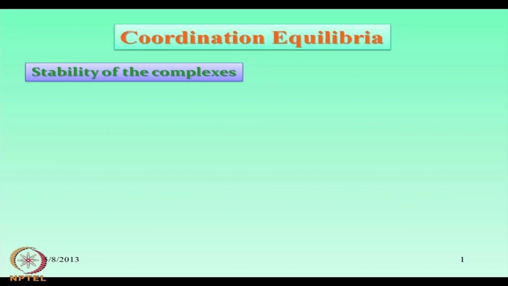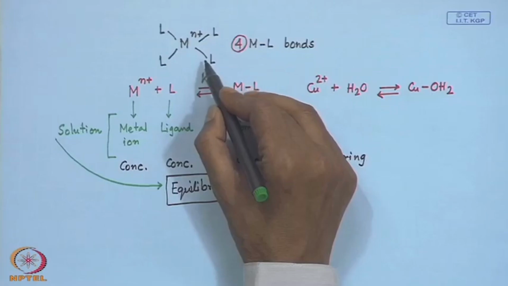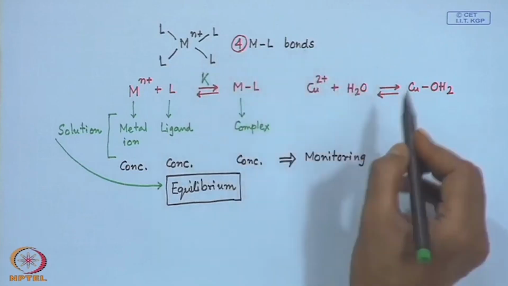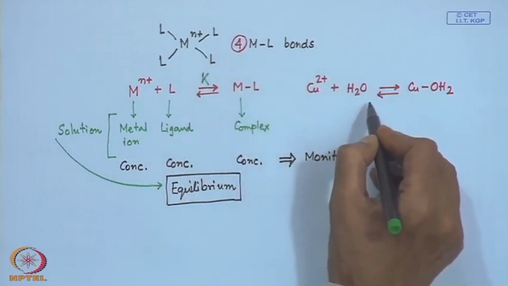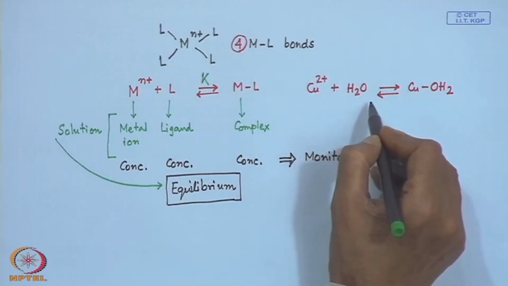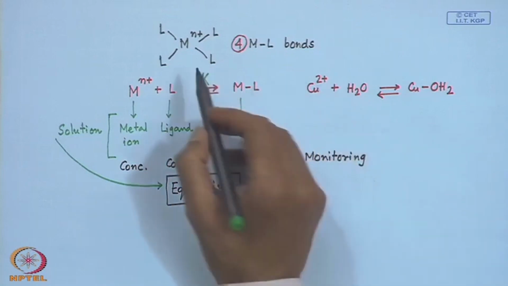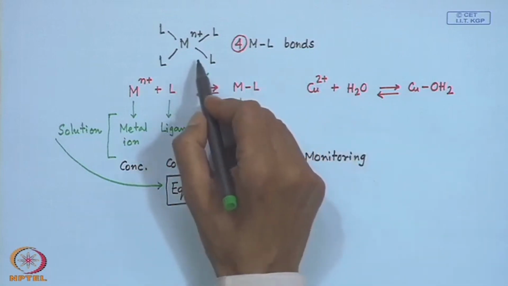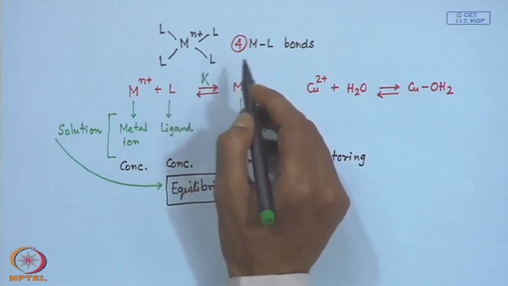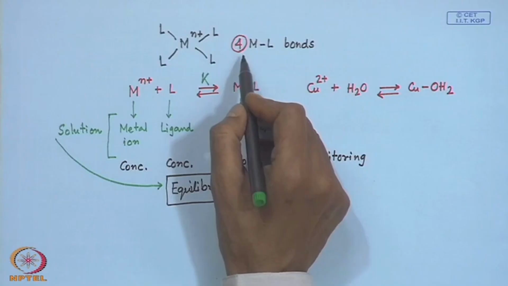That means, if we get this ML4 species from the individual aquated or solvated metal ion, how much of this species forms immediately when we give the stoichiometric amount of L.